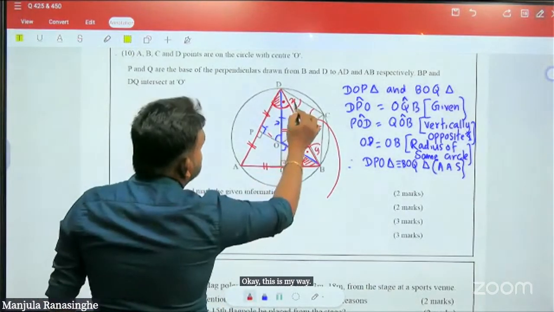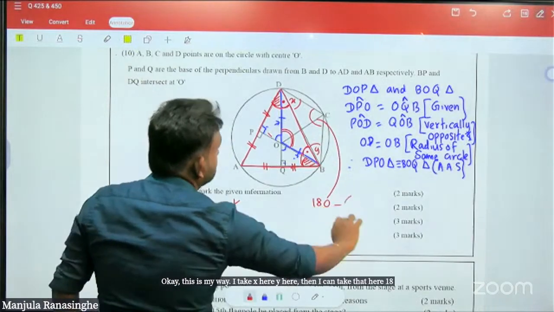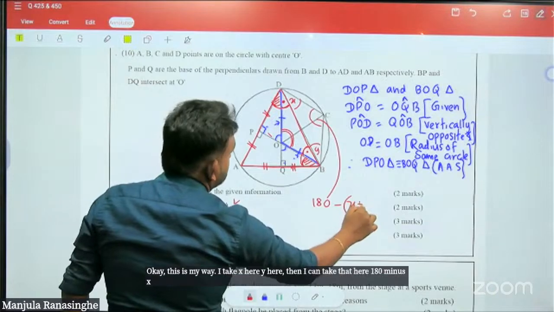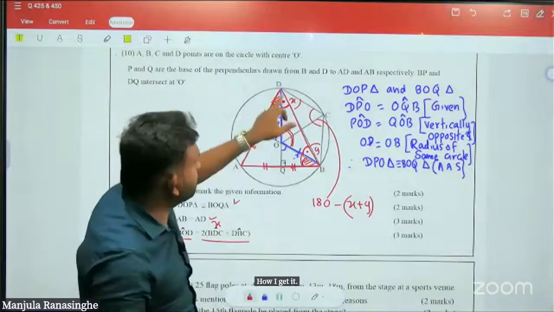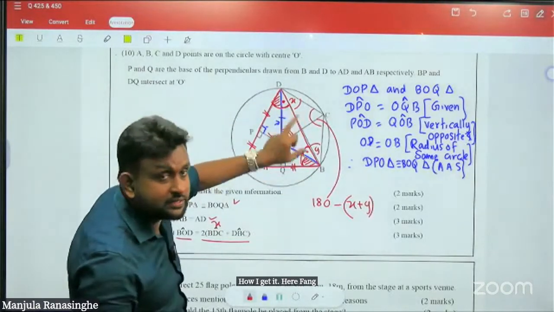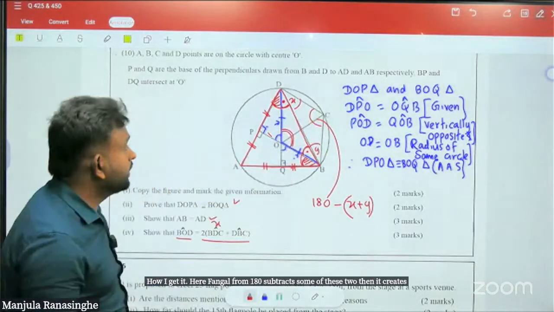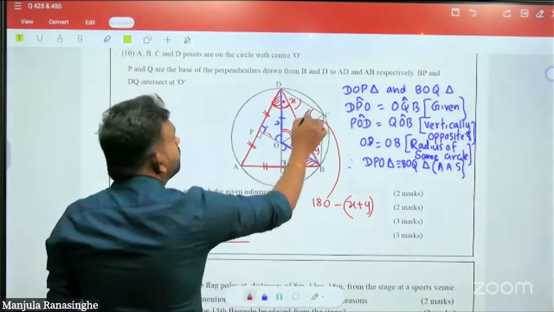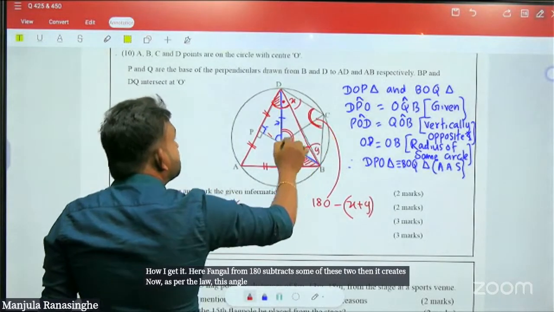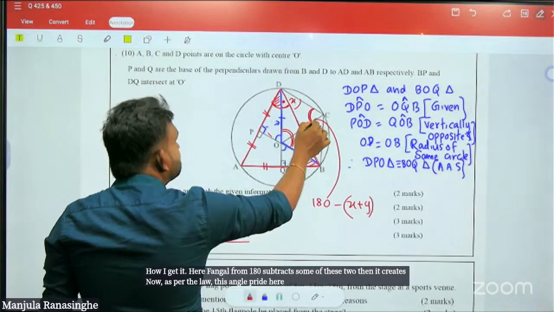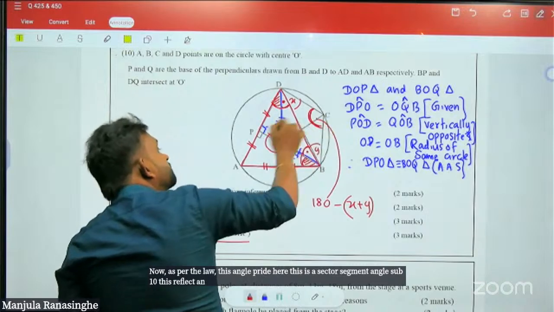I take X here, Y here, then I can take that here 180 minus (X plus Y). How do I get it? In the triangle, from 180 subtract the sum of these two, then it gives this angle. Now, as per the theorem, this angle is a segment angle subtended. This reflex angle is twice of this one.